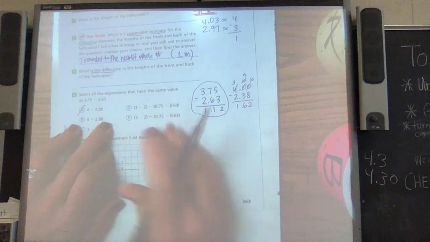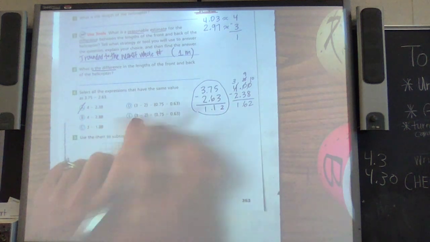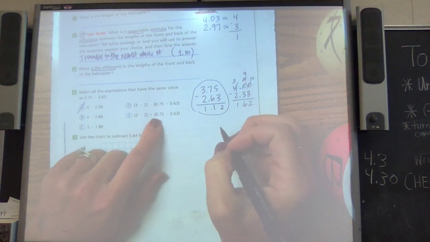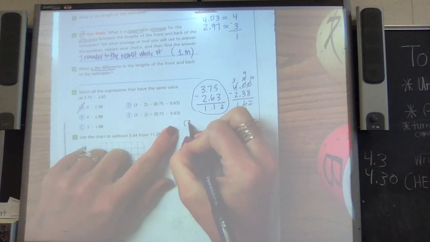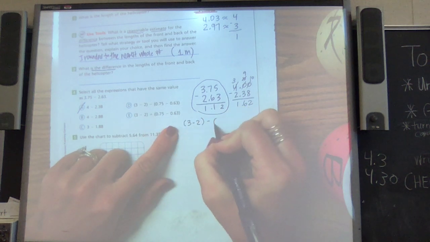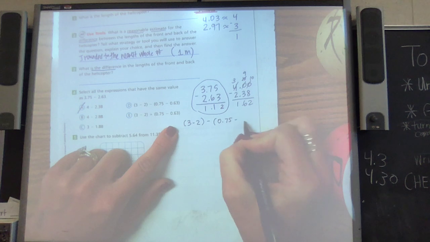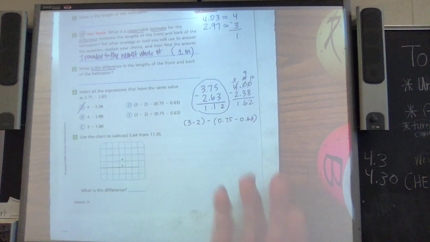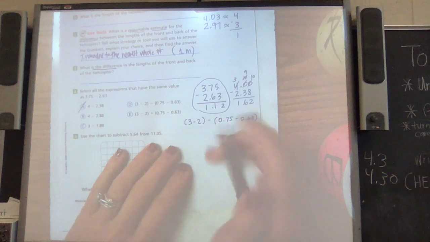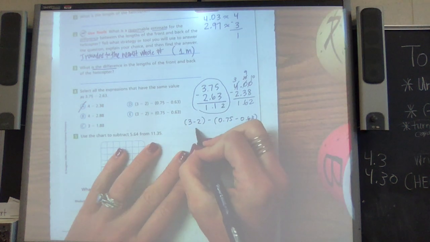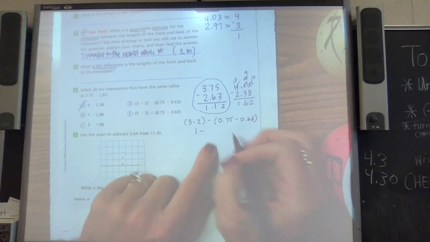All right, I'm going to look at D because it looks a little different than these, so I want to talk about those. It says 3 minus 2 minus 75 hundredths minus 63 hundredths, okay? So we know how to do problems like these. When we've seen order of operations, we know we do what's in the parentheses first. And we're going to move from left to right. Well, I know 3 minus 2 is 1, so I have 1 minus this.